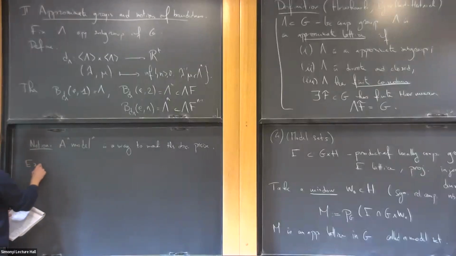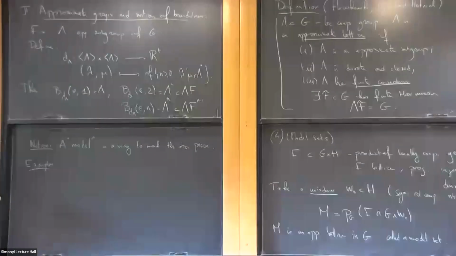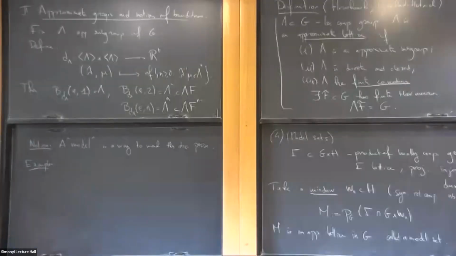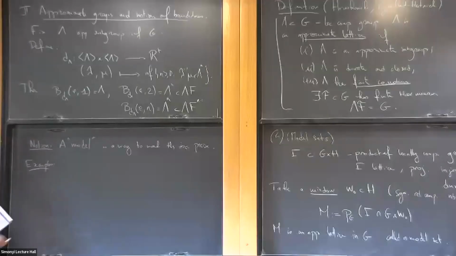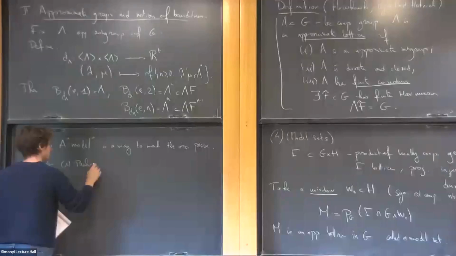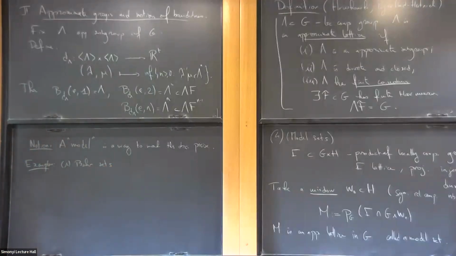What's really nice is that we have lots of examples of this kind of mindset. A first example of that, I'm not going to talk too much about it, is the Bohr sets. In the Bohr sets, you have some sort of approximate subgroup.